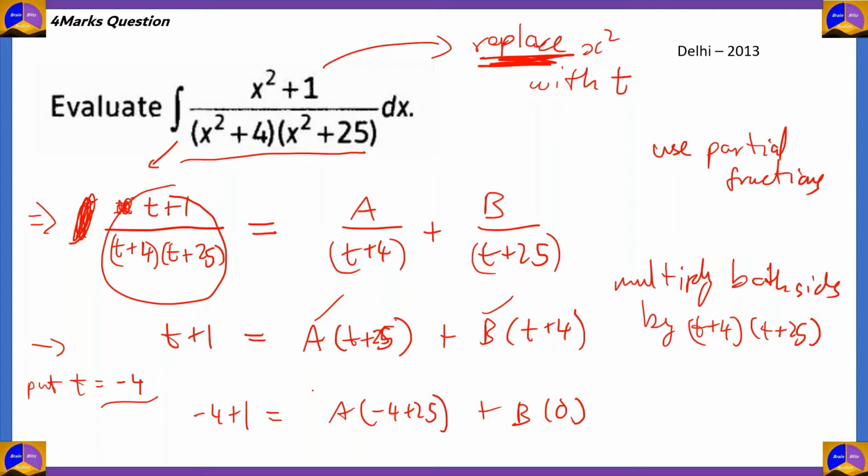And that is our intention in order to find a. Therefore, what you'll get is minus 3 is equal to 21a. Therefore, a is equal to minus 3 by 21, which is equal to minus 1 by 7. So the value of a is minus 1 by 7.